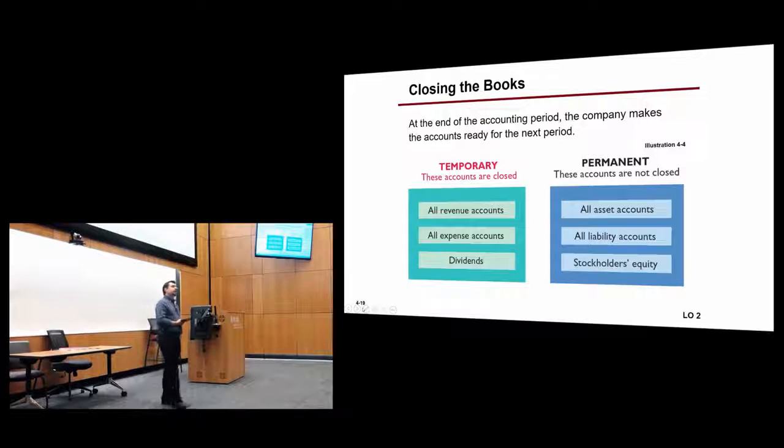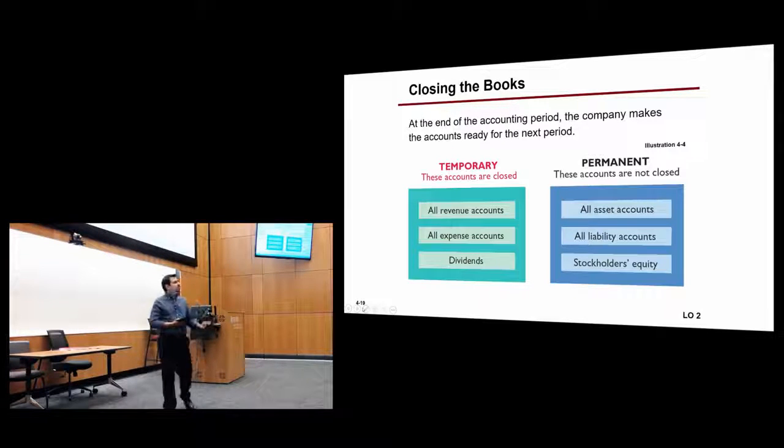Remember that revenues and expenses are used to prepare the income statement, which is for a specific period of time. It's for, let's say, a fiscal year, right? So for a fiscal year, basically what you're saying is that this is how much we made in 2014. So you cannot carry with you anything that you earned in 2013. 2013 was for 2013. 2014 is for 2014.